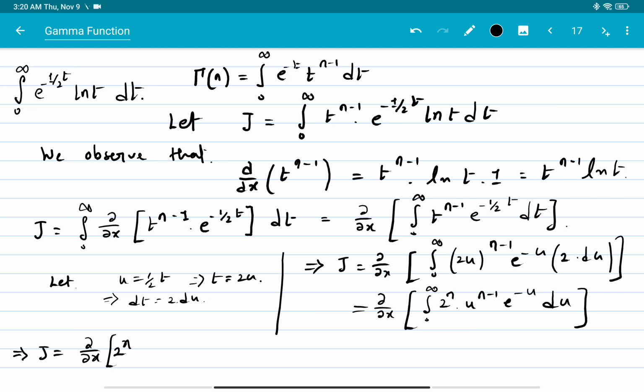So let's denote it as gamma of x, so x minus 1.